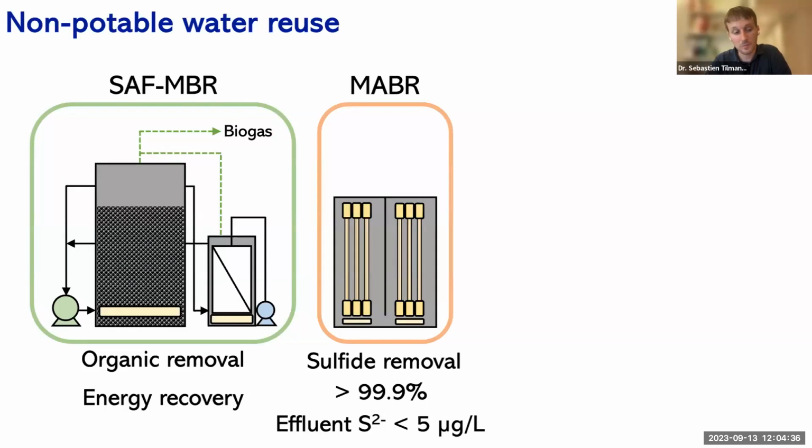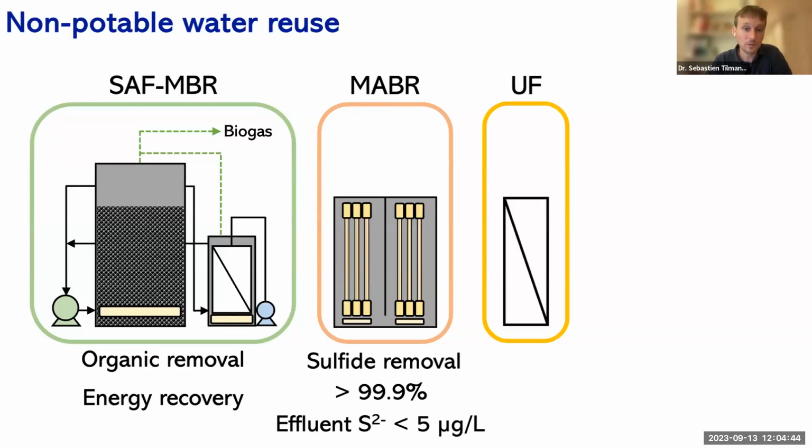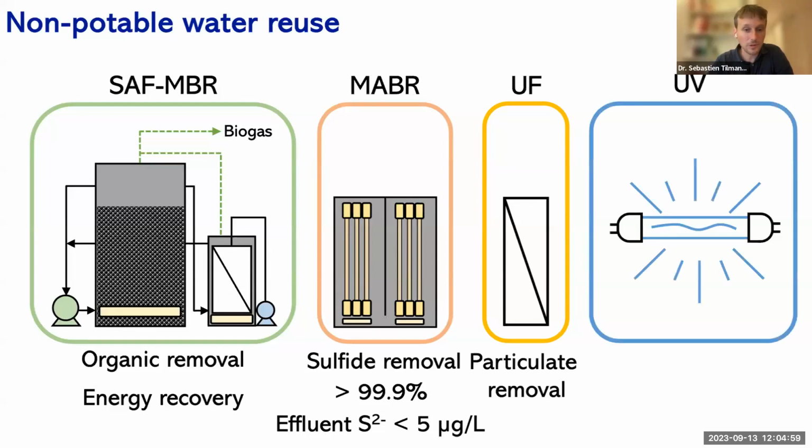This is water that should be well suited certainly for discharge and probably for downstream water reuse. What we've been testing, because this MABR adds back some microbes into the bulk fluid, is an ultrafiltration step on the back end to keep the water solids free and remove all the particulates.